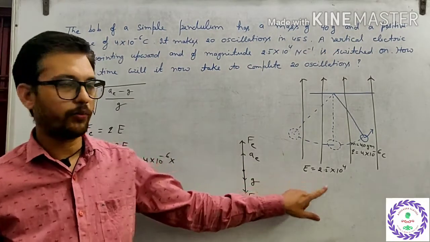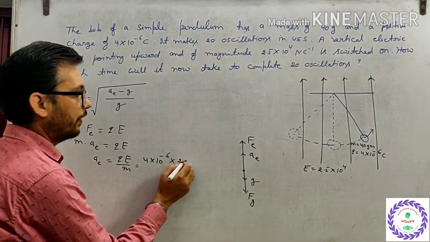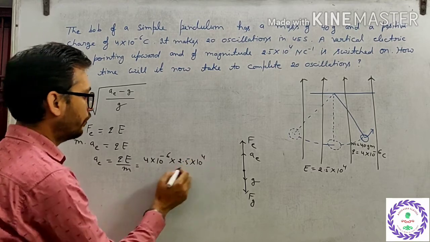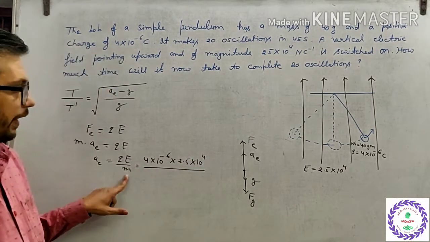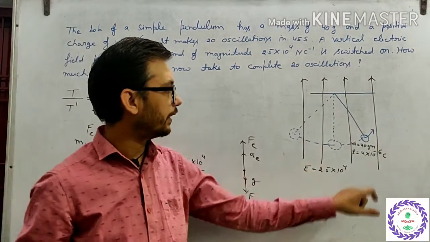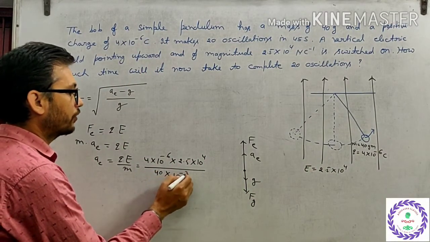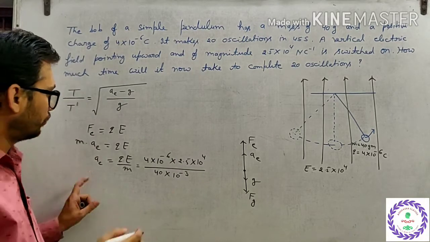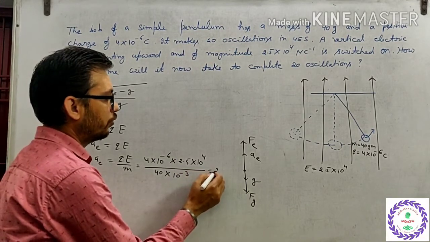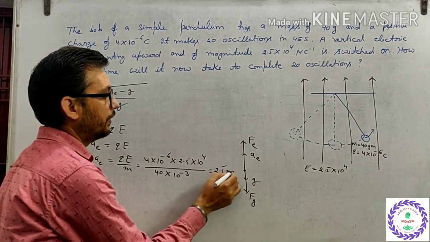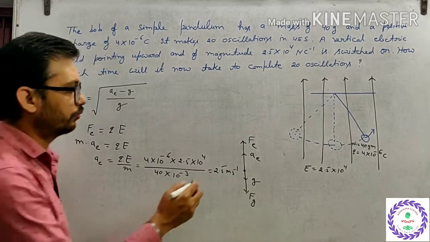E is given in the question, that is 2.5 into 10 to power 4, divided by m. m is also given in the question, that is 40 grams, so 10 to power minus 3. So aE will be 2.5 meter per second squared.